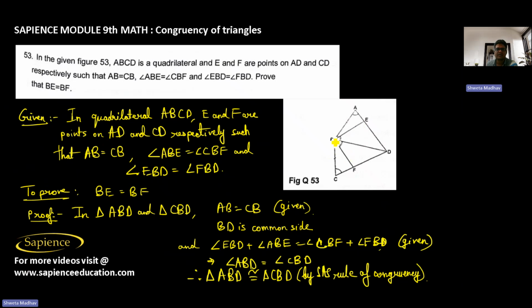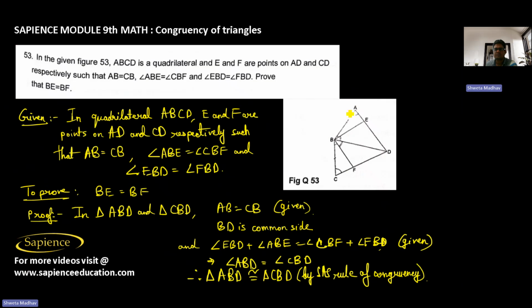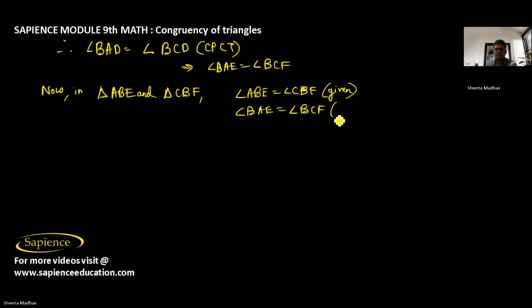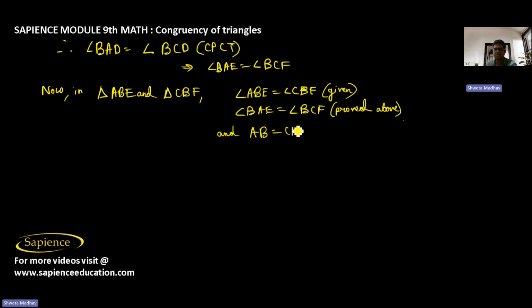We have that angle ABE is equal to angle CBF, which is given, and angle BAE is equal to angle BCF, which has been proved above. And the two sides are equal: AB equals CB, which is given.